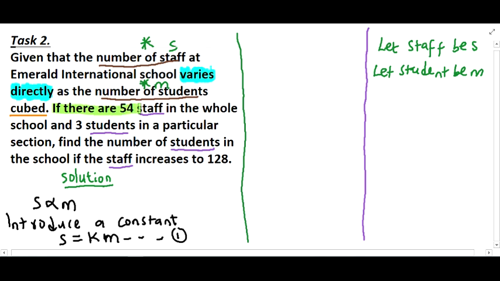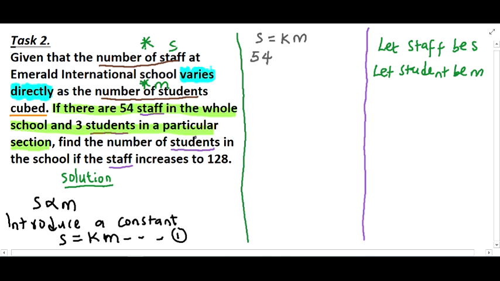If there are 54 staff in the whole school and 3 students in a particular section, let's solve for this part now. So we remember our general equation, and what is it saying? It says that S equal to KM. Now S is staff, right? And we have 54 staff.